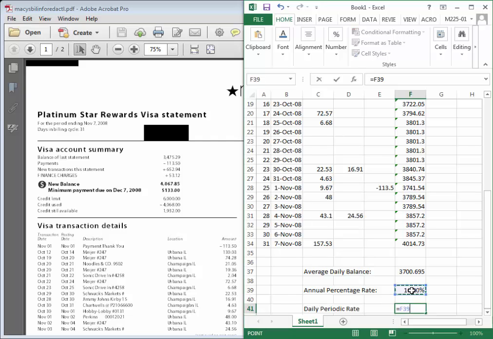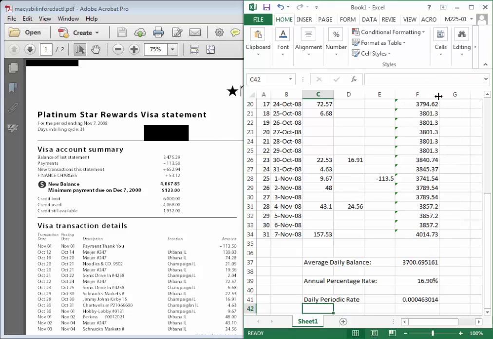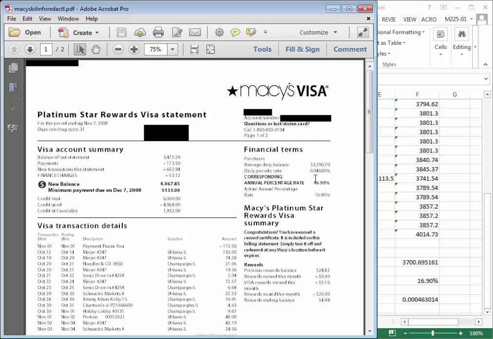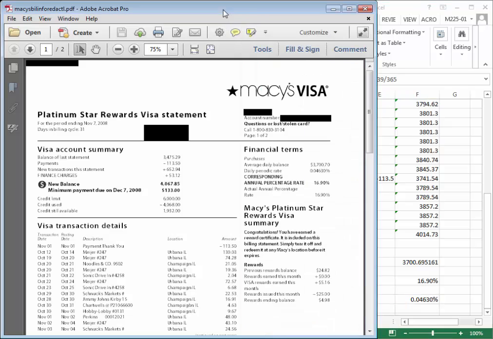So this is equal to the annual percentage rate divided by, now, how many days are there in a year? It turns out that Macy's uses 365. So 0.04630. There it is. There's my daily periodic rate. If you want to see that as a percent, now it looks exactly like what it says on the statement.